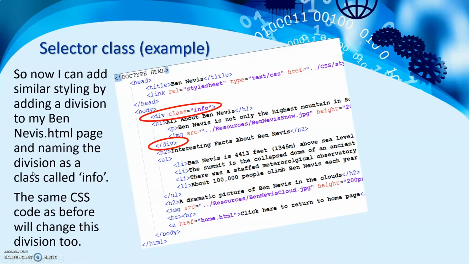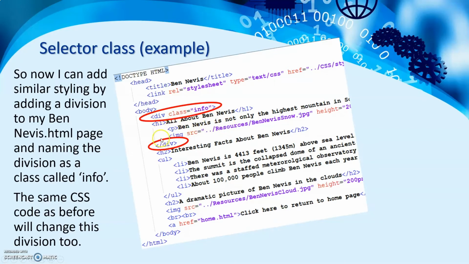Okay, so what I can do, because I've got this class that I had of info, is I can add similar styling by adding a division to my other page, my Ben Nevis HTML page, and I can name the division as a class selector and call it info again. So here I've got div class info for the all about Ben Nevis and a little paragraph and the first picture.